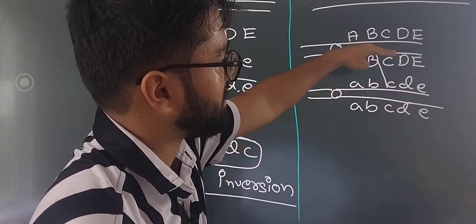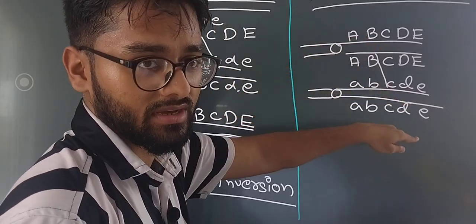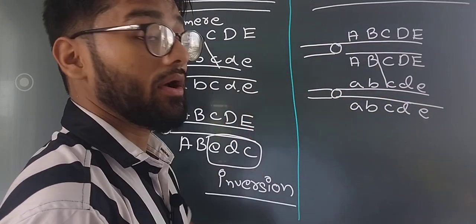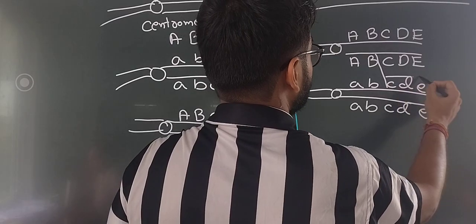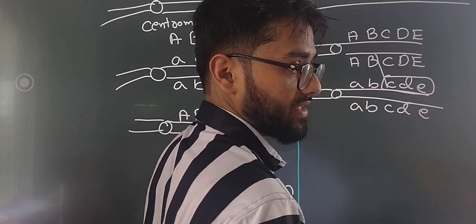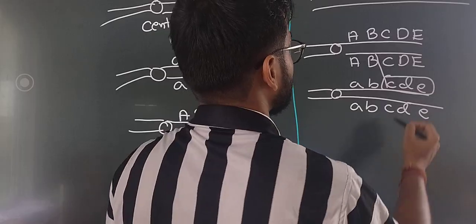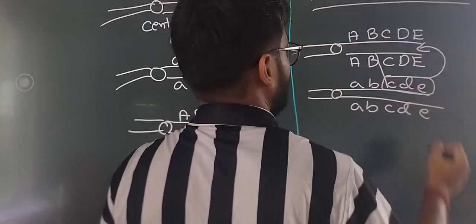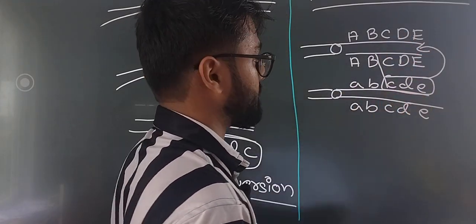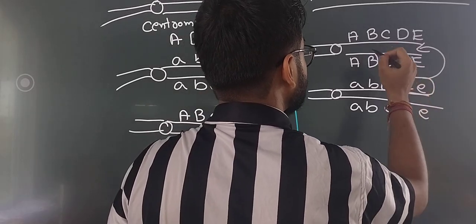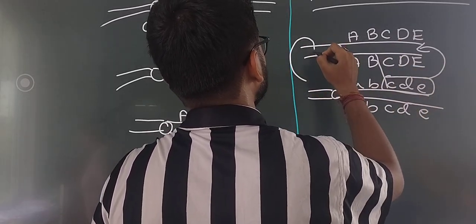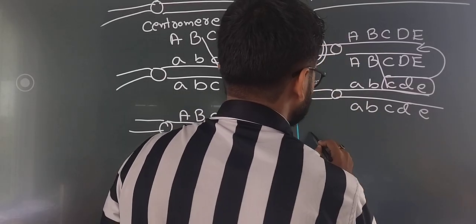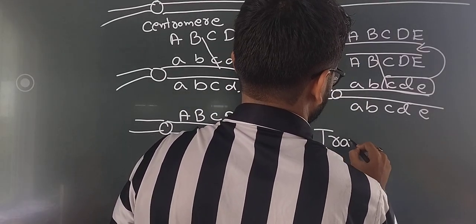This means that this part will go there and this part should come here, correct? What happens is that during this crossing over, if this entire part does not arrive at this location itself, instead it goes and binds to some other location, this is called translocation.